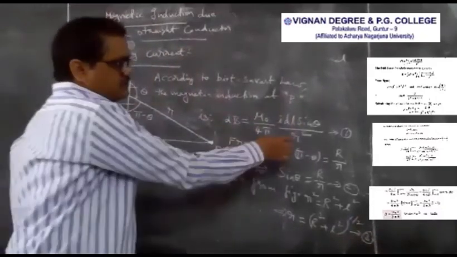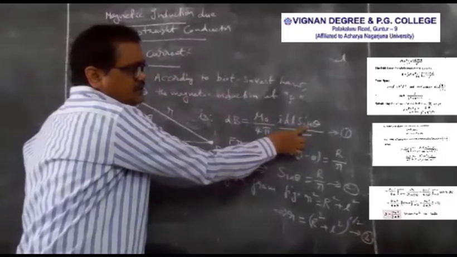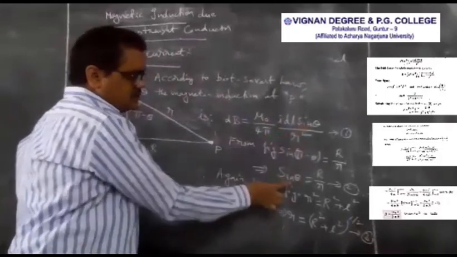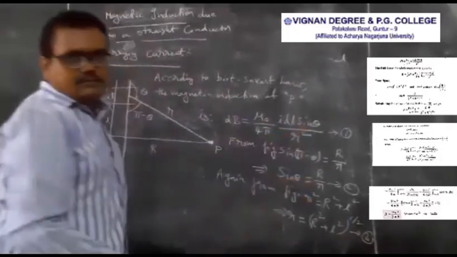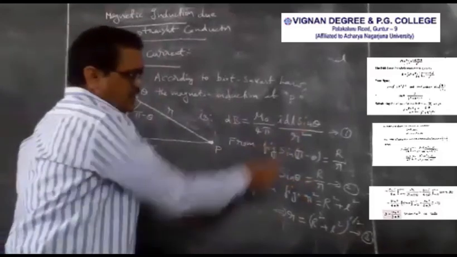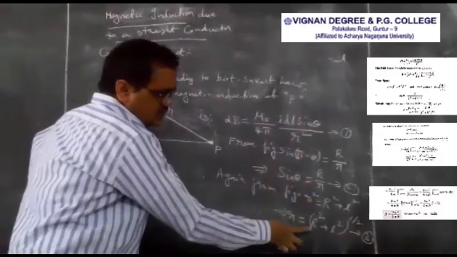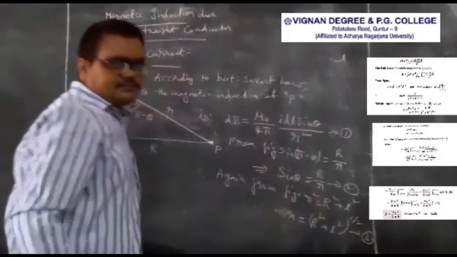Now substitute in equation 1: sin theta is equal to R by r and r square is equal to R square plus L square.